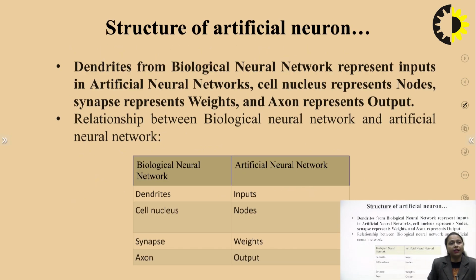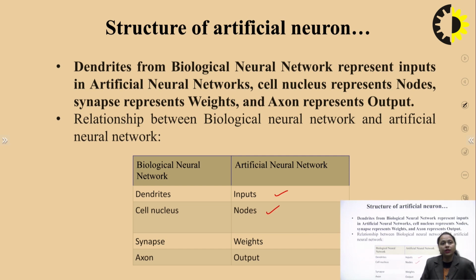When we compare the biological neural network and the artificial neural network, these are the comparison tables. All the dendrites from which we accept input from the outside world are termed input. The cell nucleus, where the processing is done, is termed the node.